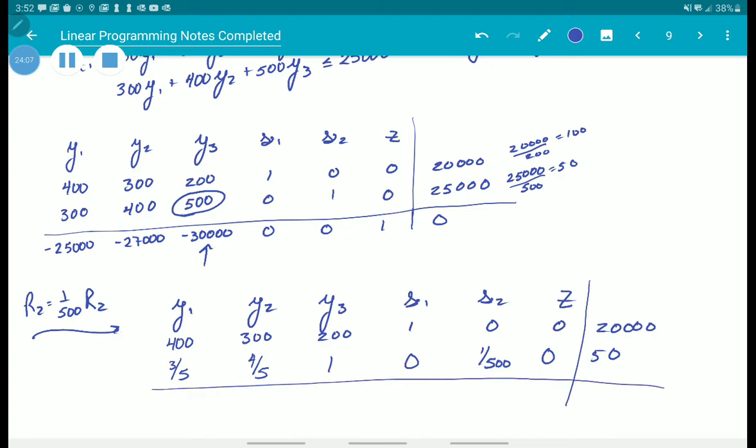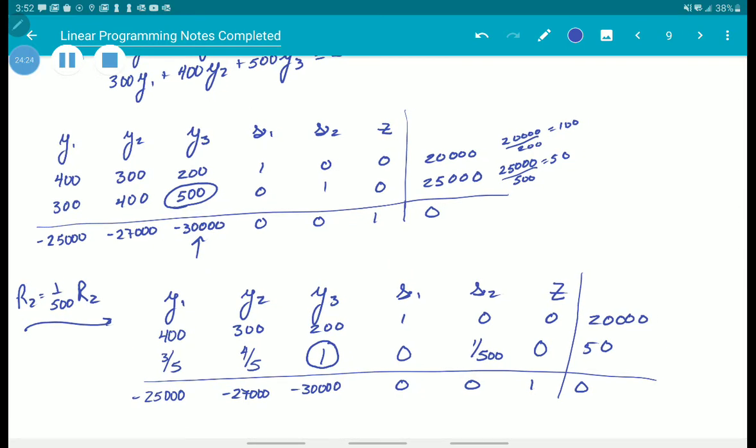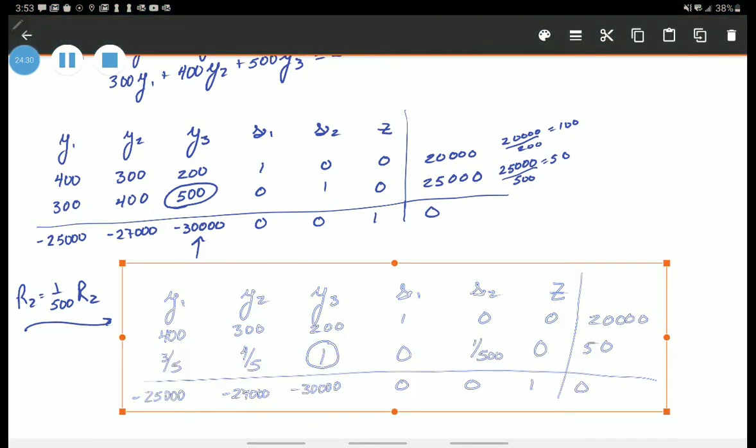That bottom row stays the same. Remember, we are pivoting here. And I'm going to copy this table to the next page, so we'll have it for the next step.